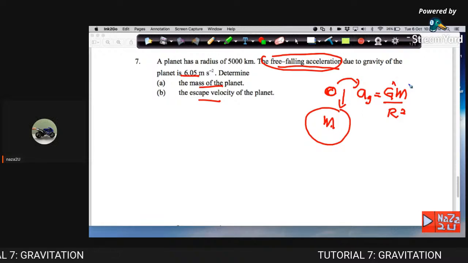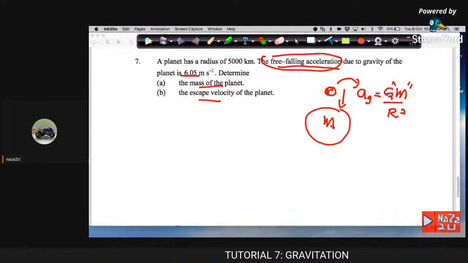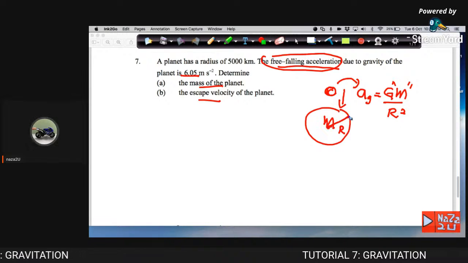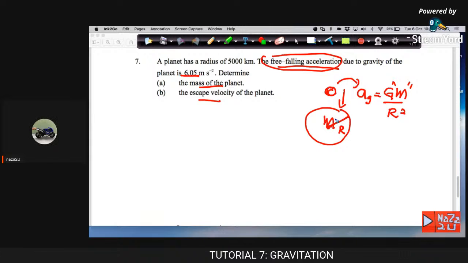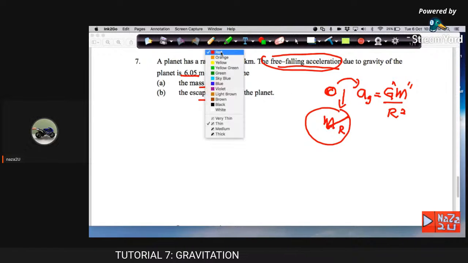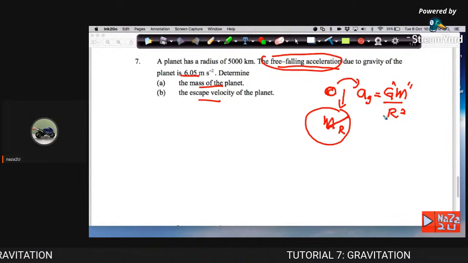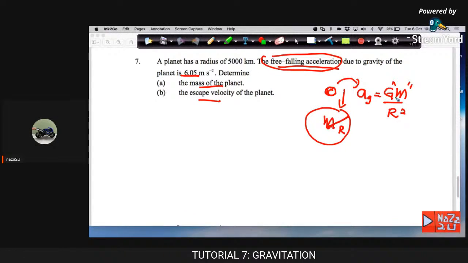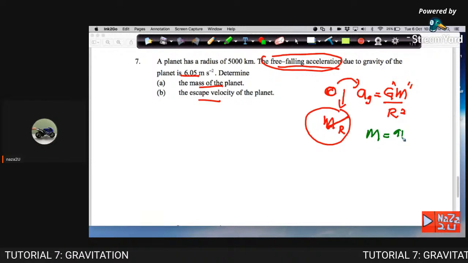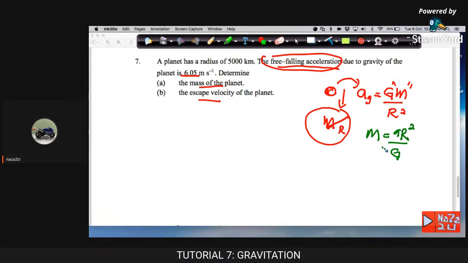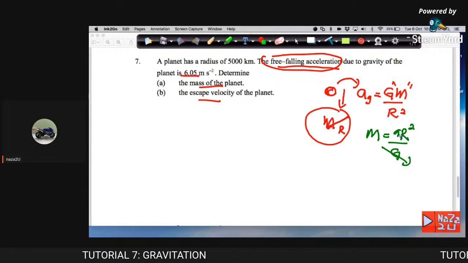If it's Earth, G is constant, and what is the radius of the planet. The radius is from the center to the surface of the planet. So in this case, the value we want to find is the mass, m. So, m here is equal to a r square divided by g. And g is constant.